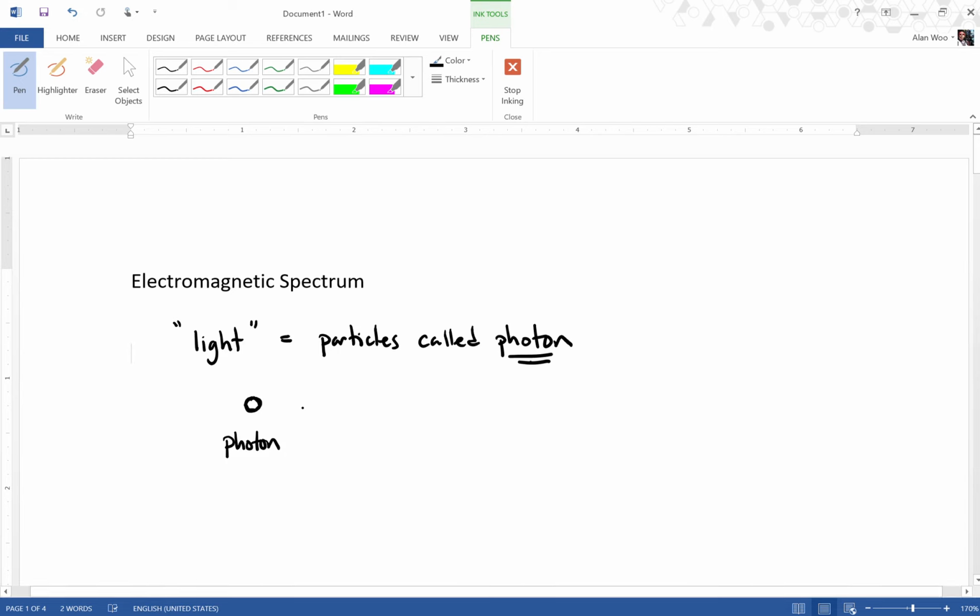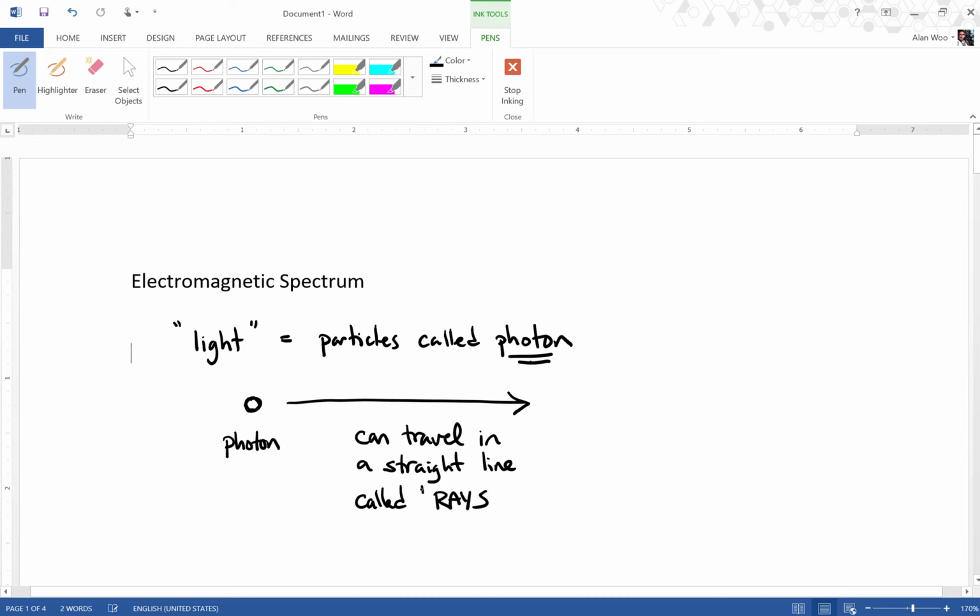Sometimes we see photons travel in a straight line, called a ray, going from one end to another.